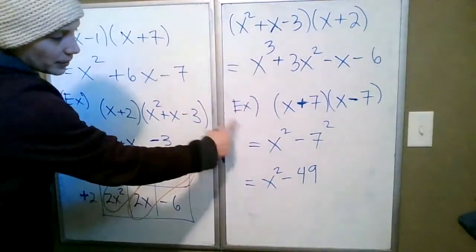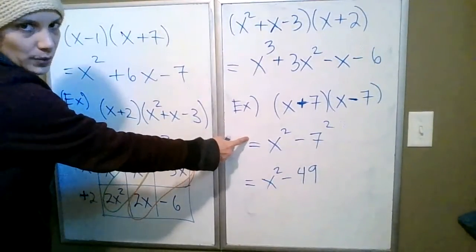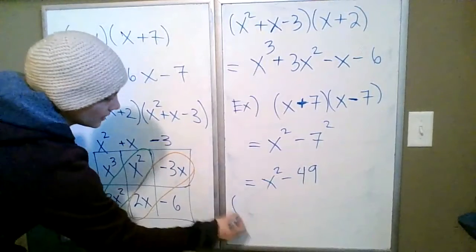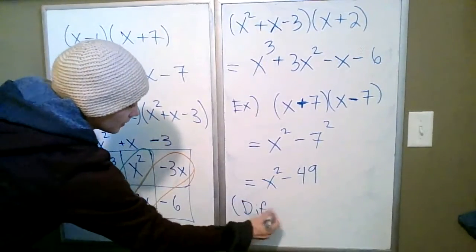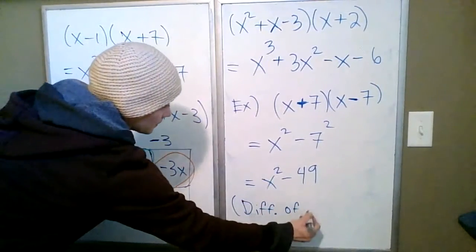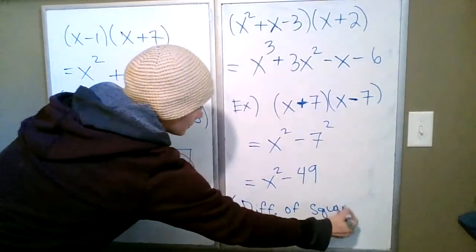I would put it kind of maybe right here, that what I did was use difference of squares, but we'll just put it at the end. It's a difference of squares. Okay.